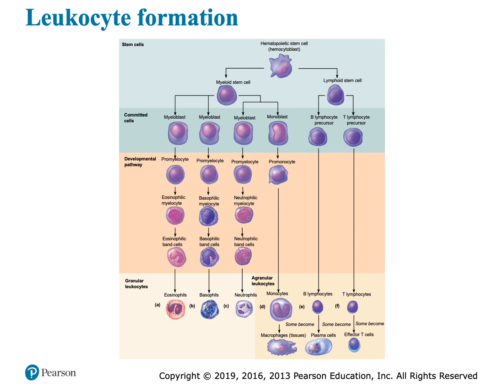And this is from A&P 1. This is showing the differentiation of the hemopoietic cell into all of your white cells and platelets. This doesn't show the red cell line, but there is a red cell line.